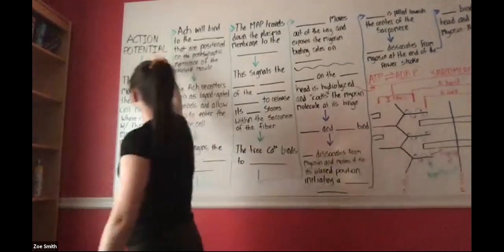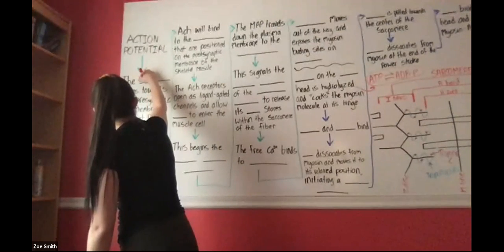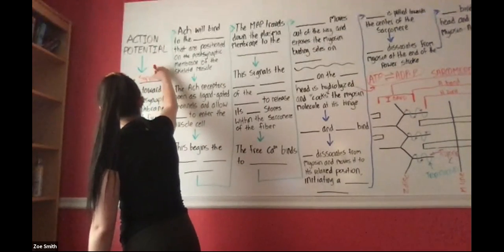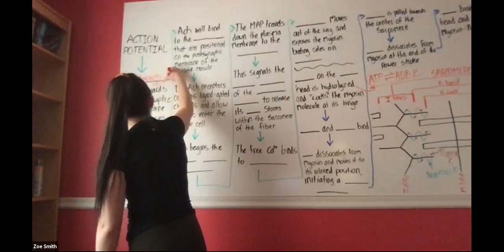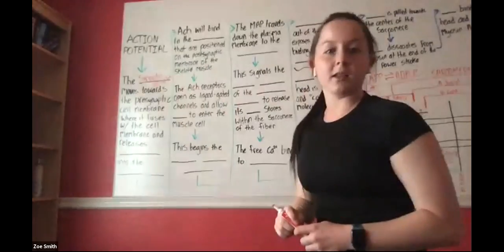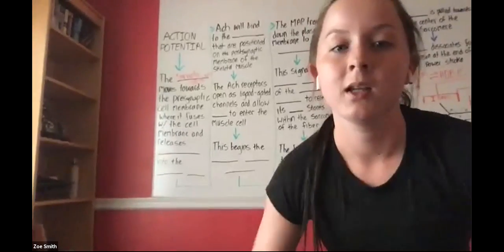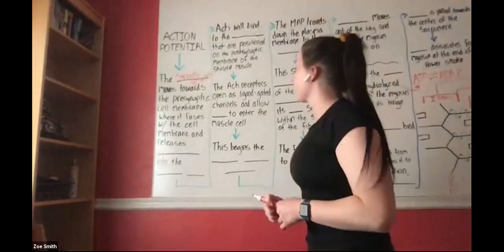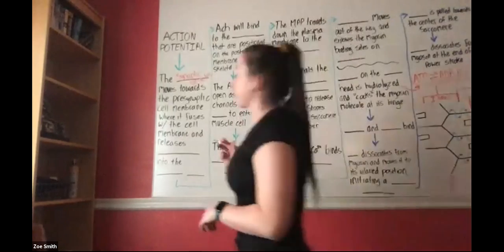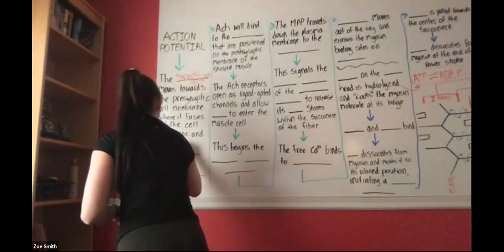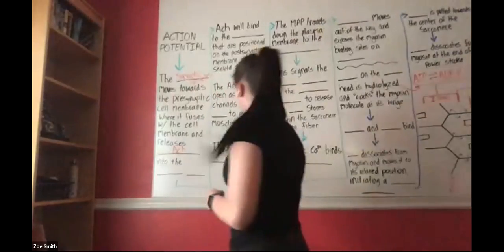So when the action potential arrives, the synaptic vesicles move towards the presynaptic cell membrane, where it fuses with the cell membrane and releases acetylcholine, which I'm going to put ACH right there, stands for acetylcholine, into the synaptic cleft.